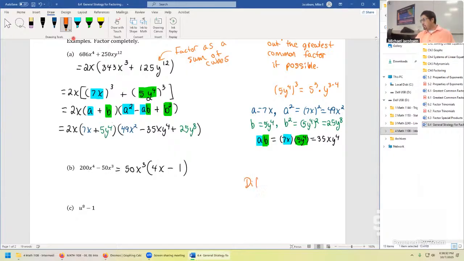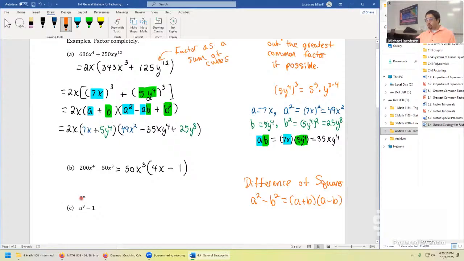So difference of squares goes: anything that's a perfect square minus another perfect square can be factored in this way. A squared minus b squared becomes a plus b times a minus b.